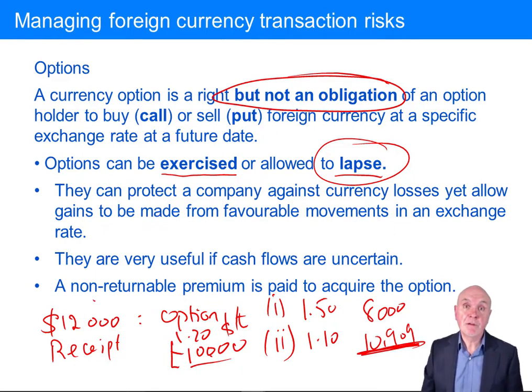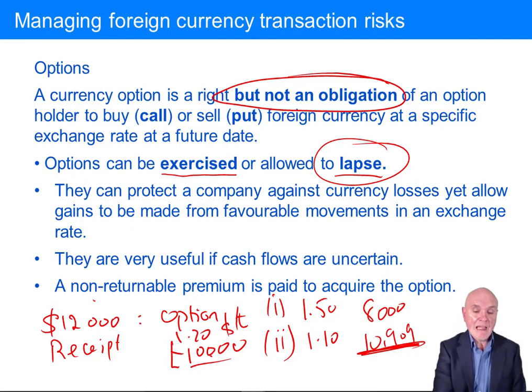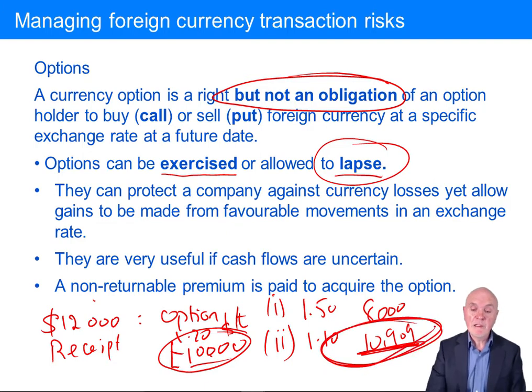You get 10,909. So it's kind of heads I win, tails you lose. It guarantees you a minimum amount of money, but leaves open the opportunity that if things move favourably, you can make use of the favourable exchange rate.